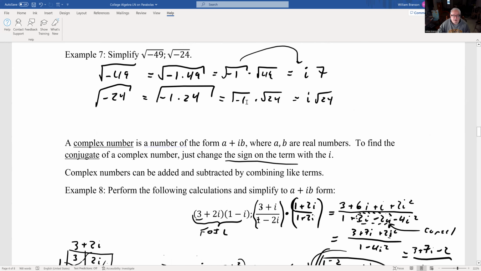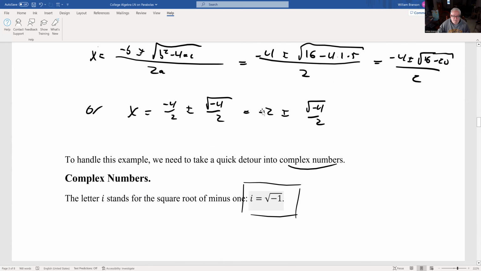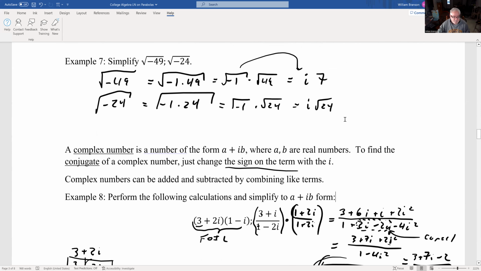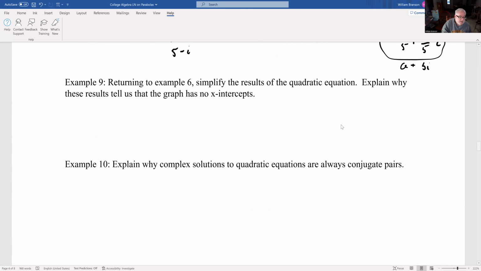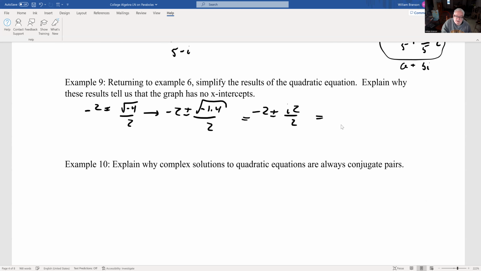So we ended up here with minus 2 plus or minus square root of minus 4 over 2. And now we can simplify that. We get minus 2 plus or minus square root of minus 1 times 4 over 2, which is minus 2 plus or minus i times 2 over 2, or minus 2 plus or minus i.